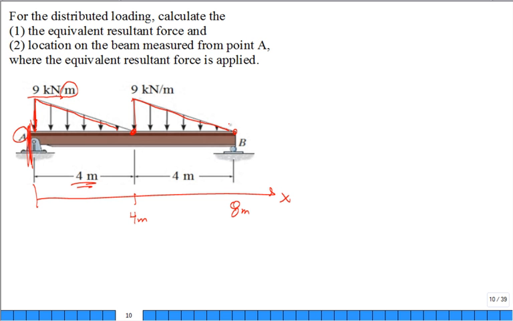So you have a triangular distributed load. So two parts. What is the resultant force, the magnitude of it, and then where do I place it on the beam so that it is an equivalent force system? We're going to do a lot of things like this in this class.